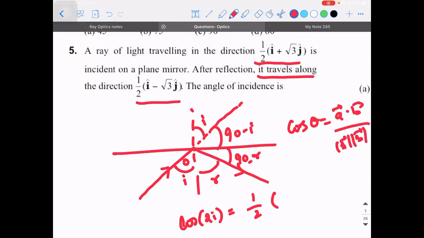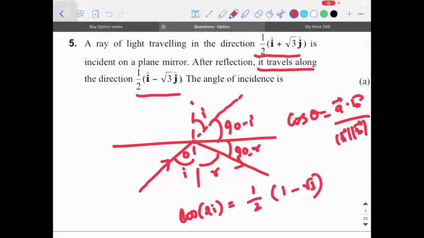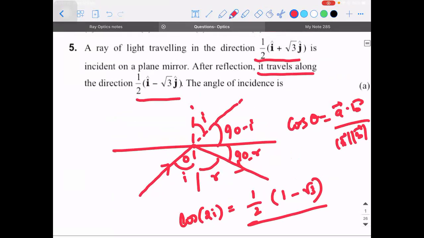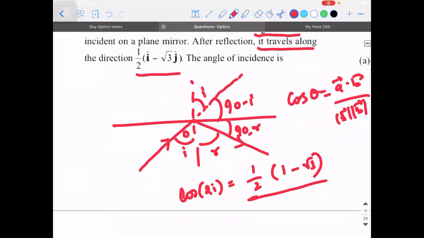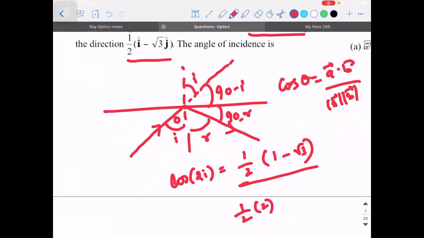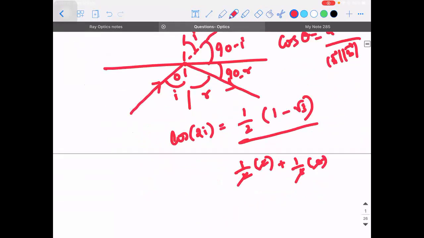So, half into 1 minus root 3, the whole divided by magnitude of it, 1 by 2 into 2 plus 1 by 2 into 2. Cancel, cancel 2 times.